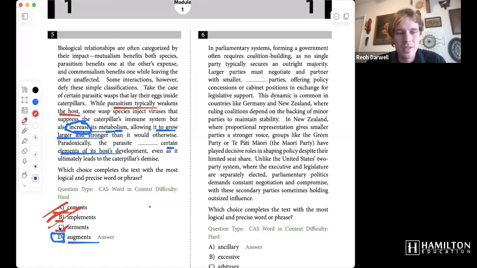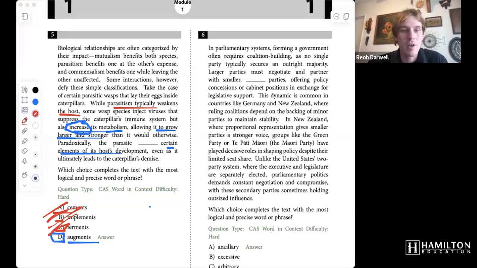And then finally, ferments has to do with fermentation typically. You can ferment something and it grows. But as a verb, it really means to turn something into alcohol because bacteria or yeast are eating the sugars present.